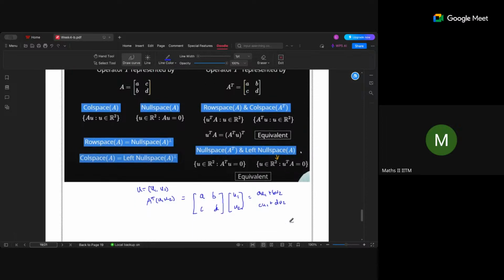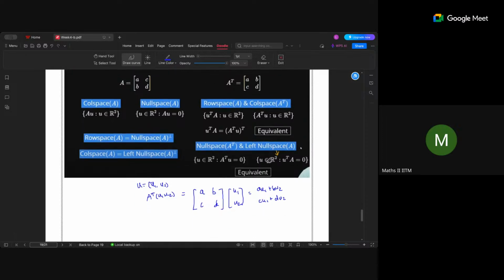Now, what is U transpose A? U transpose means you have U1, U2 times A, where A is A, C, B, D. What vector do you get here? Let us write it as AU1 plus BU2, just to compare, it is easier.